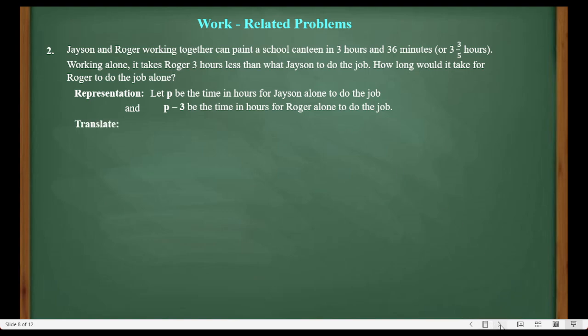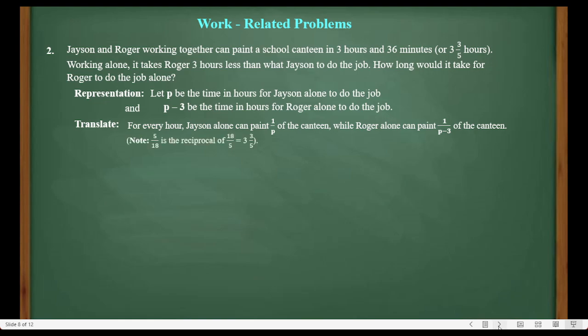Then for the translation, for every hour, Jason alone can paint 1 over P of the canteen, while Roger alone can paint a portion of the canteen which is 1 over the quantity P minus 3 in every hour. So if they work together, they can do the job in 3 and 3/5 hours.